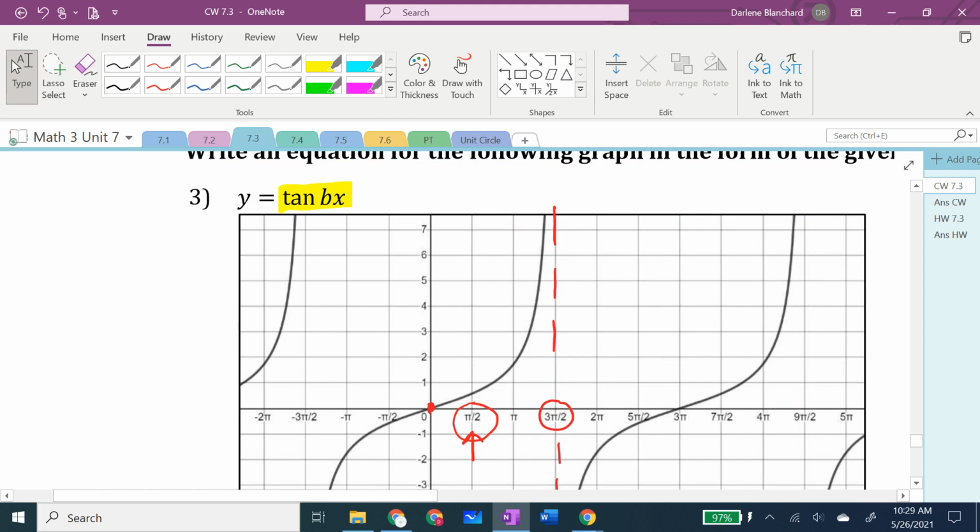And you can figure out your b in a way different from what I'm doing. What I'm looking at is, what do I need to multiply to pi over 2 to get to my 3 pi over 2? Three.